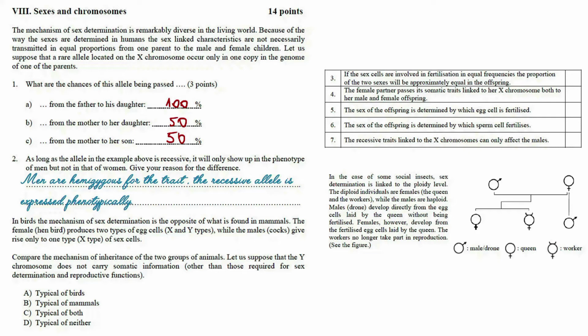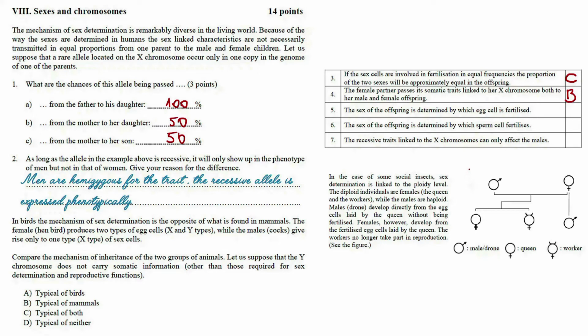If the sex cells are involved in fertilization in equal frequencies, the proportion of the 2 sexes will be approximately equal in the offspring. The good answer in here will be C. The female partner passes its somatic traits linked to her X chromosome to both her female and male offspring. That's going to be true for mammals.